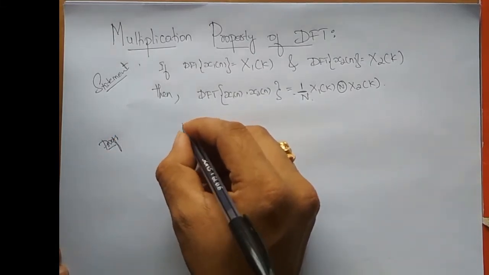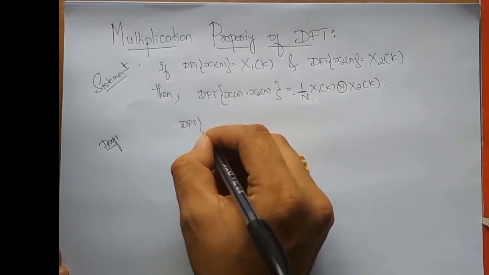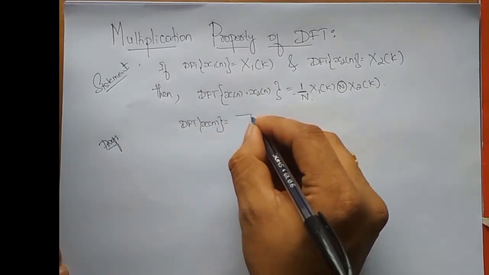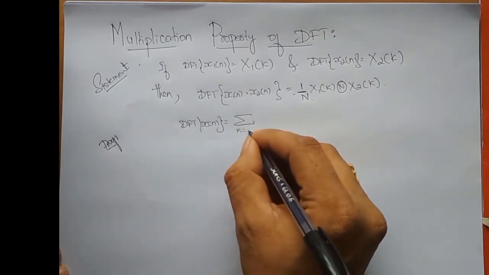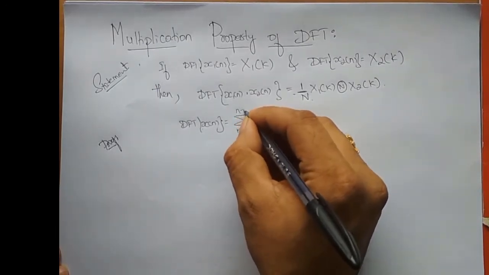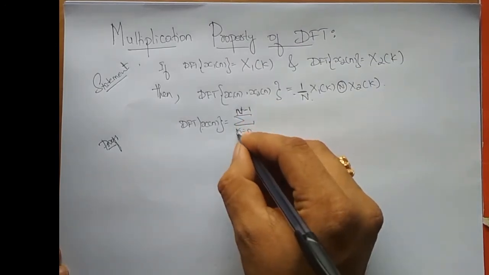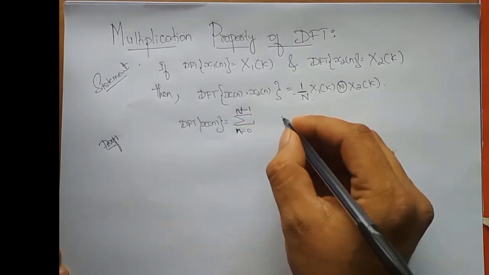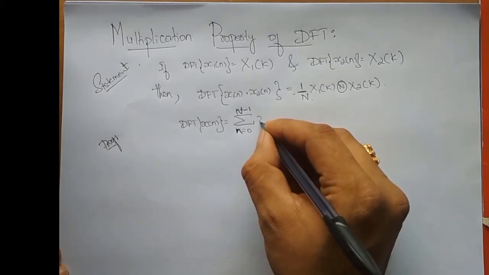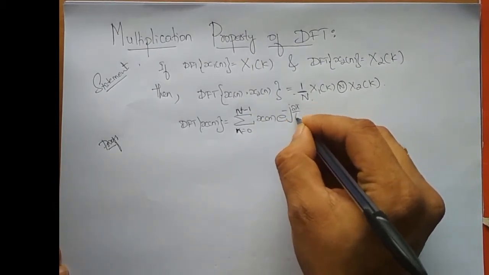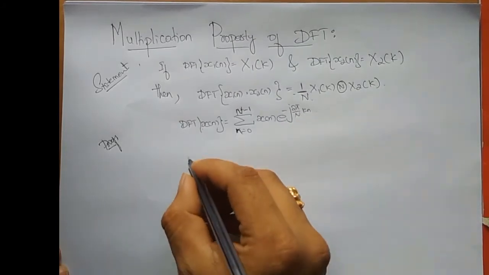From the definition of DFT, what is DFT of x of n? DFT of x of n is summation n varying from 0 to N minus 1 of x of n e power minus j 2 pi by N into kn, right?